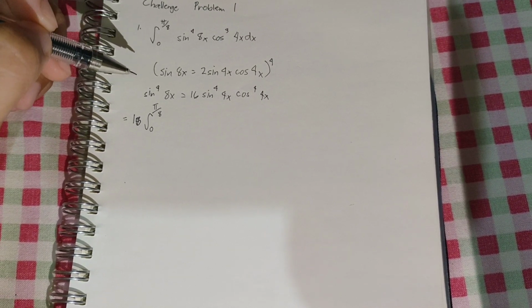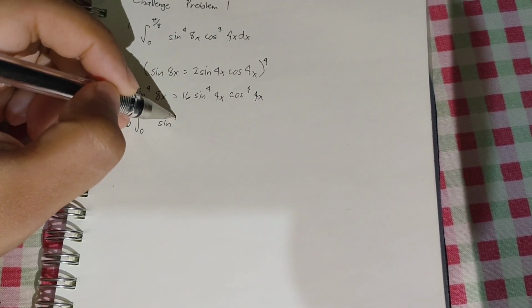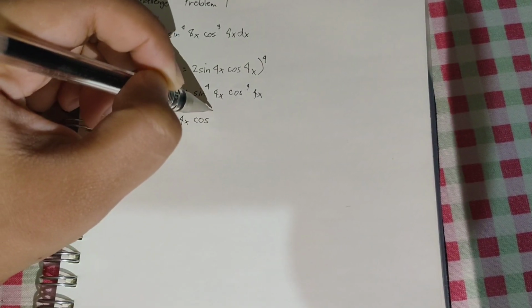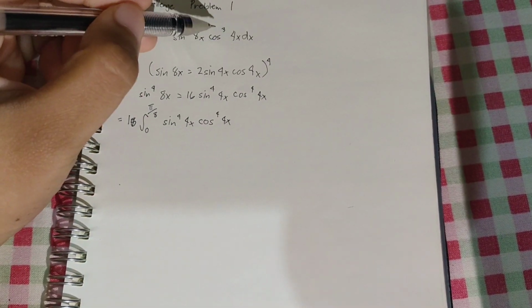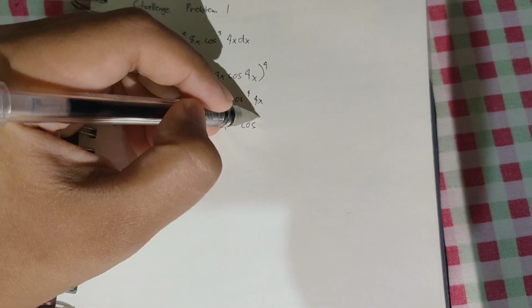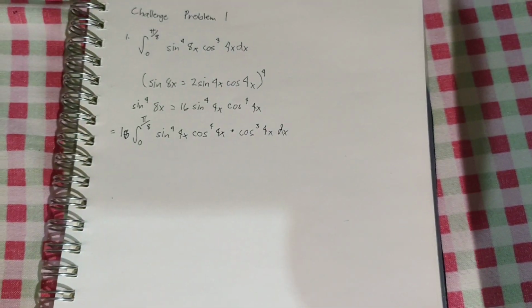Then sine raised to 4 4x cos raised to 4 4x times our cos raised to 3 4x, and do not forget the dx.